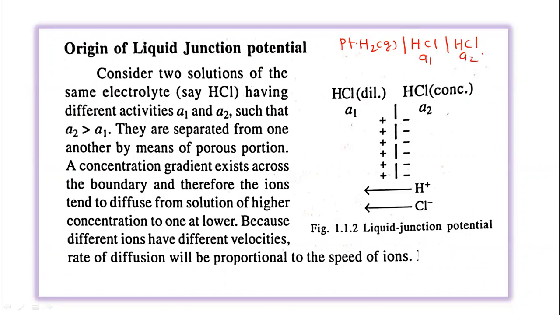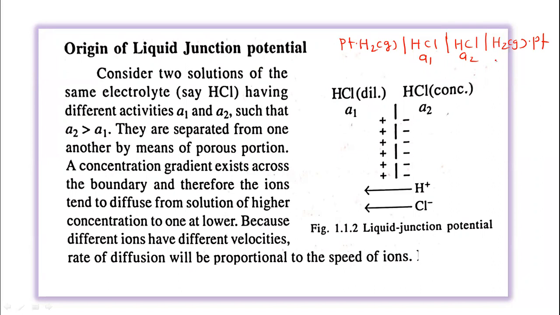activity. So you can see in this cell there is a contact between the two electrolytes HCl. This single vertical line indicates that there is a contact between the two electrolytes HCl, which have different activities.